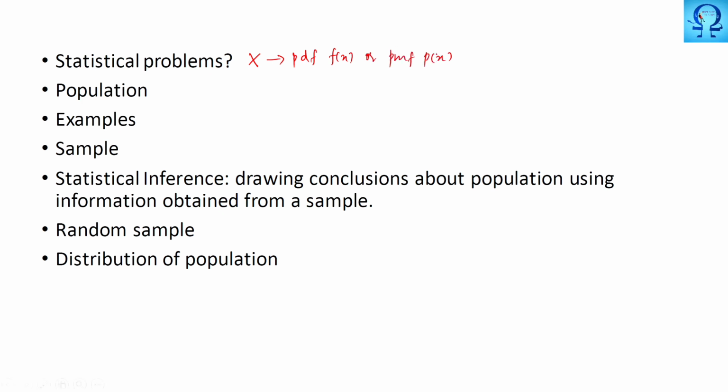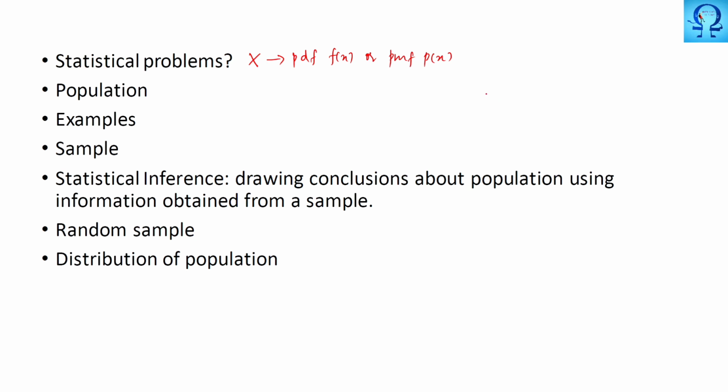We do not know which it has. Simply, we know we have a random variable, but we are not sure whether it is a discrete random variable or a continuous random variable. It can be anything, right? So this density or mass function is completely unknown to us.